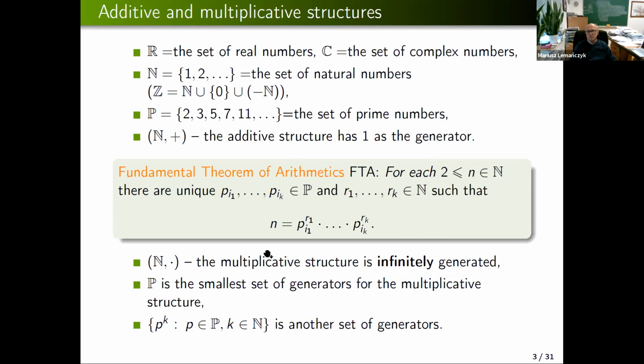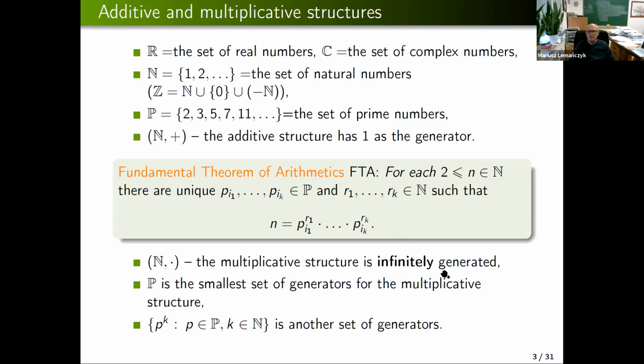Of course, we all know the fundamental theorem of arithmetic, which tells us that each natural number is represented in a unique way as a product of prime numbers. But then you realize that this structure is infinitely generated.